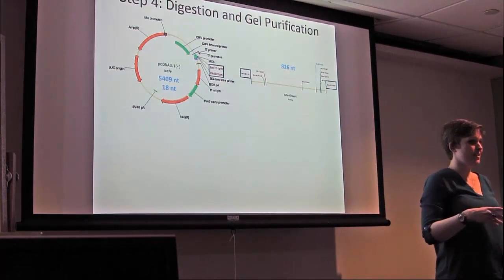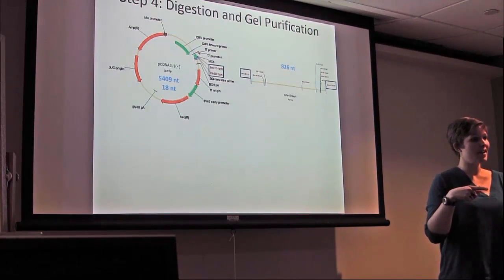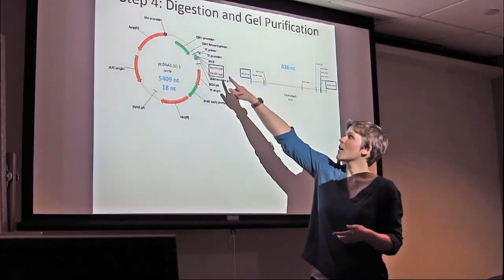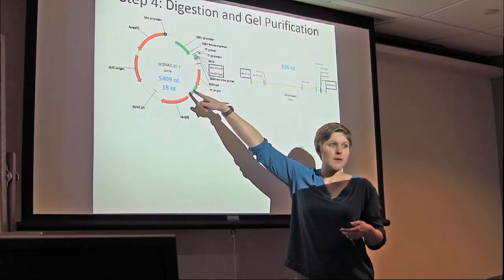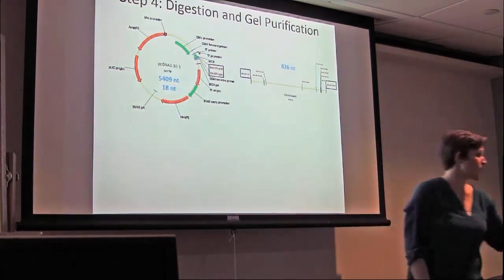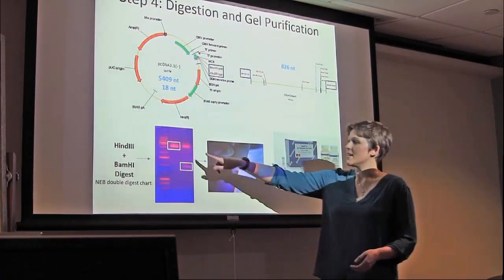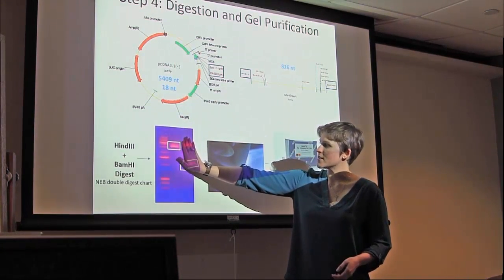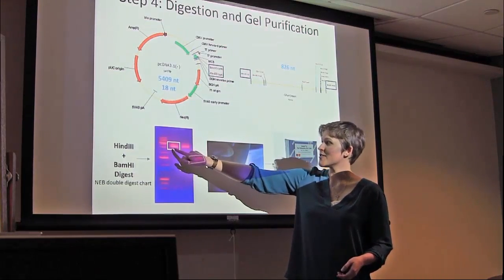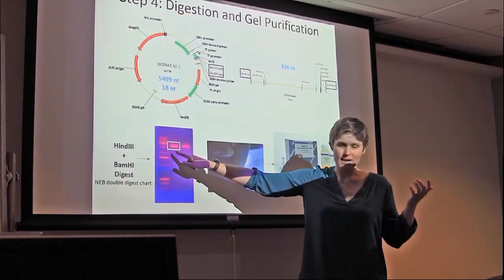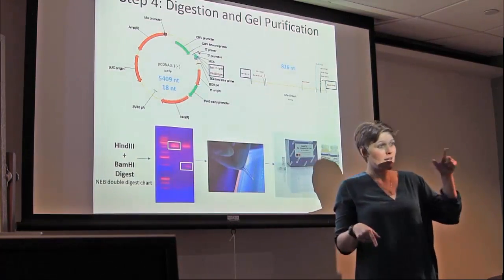So in Vector NTI, you can do an in silico restriction digest, and it will tell you if you cut at these two sites, how big your fragments are going to be. So what you'd want to do when you run a gel of this digest is, if this was our vector digest, you would have this very large 5,000 nucleotide band, and that's your portion of your plasmid that you want to keep.